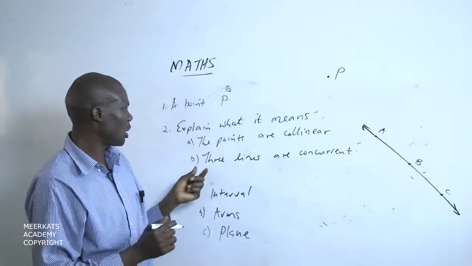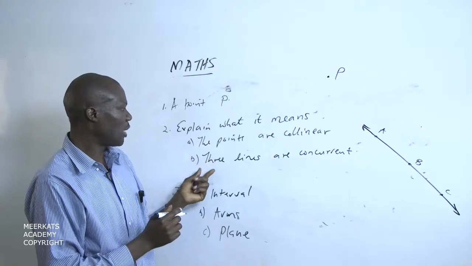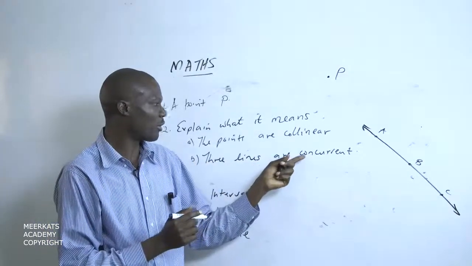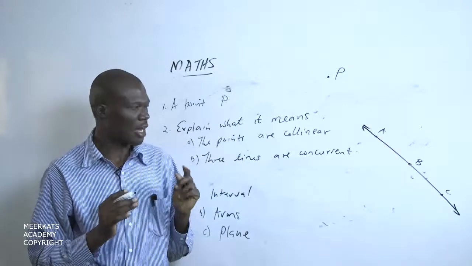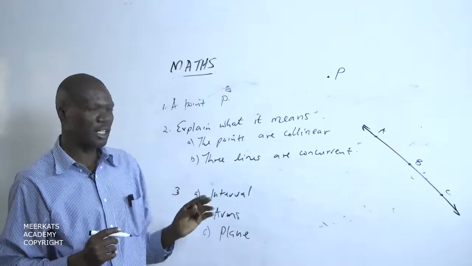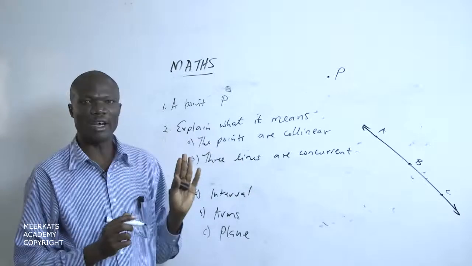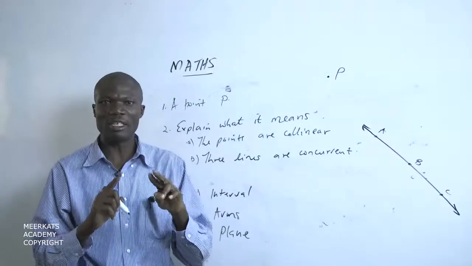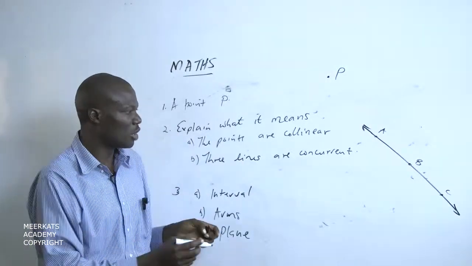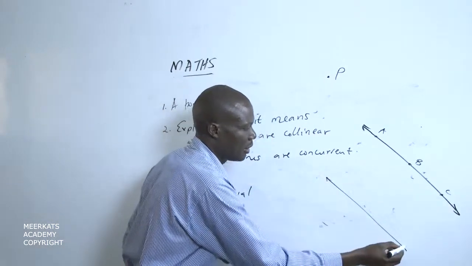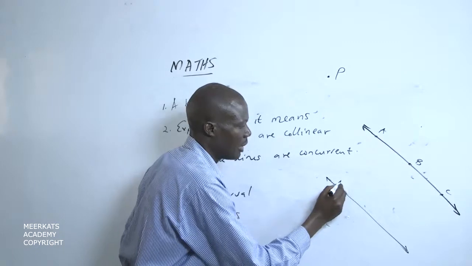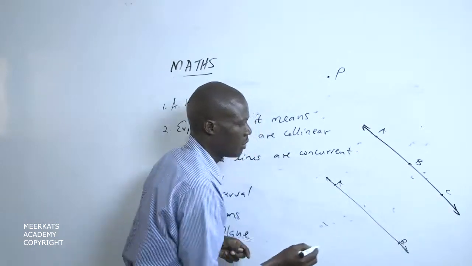The next question was asking us, three lines are concurrent. When do we say that three lines are concurrent? To illustrate this, we shall need to have three lines, and all the three lines must intersect at one point. So I'll have the first line here. This line, let me call it line AB.